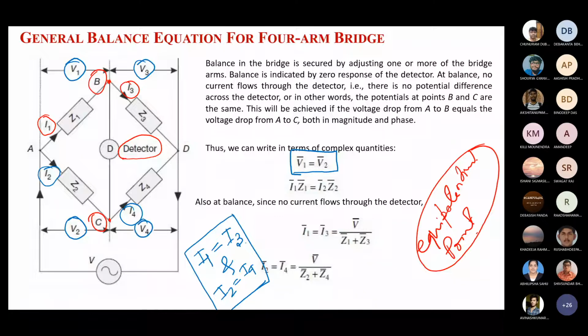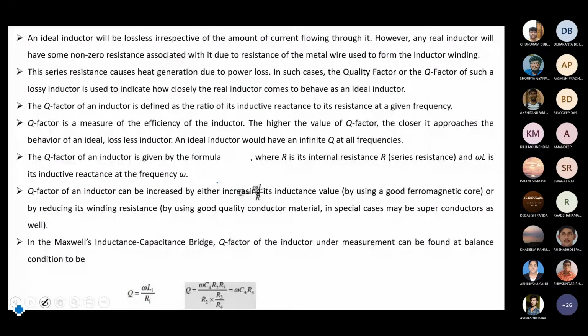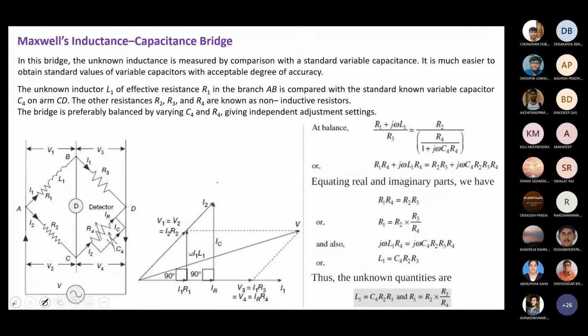If we add V1 plus V3, that equals V. All the components you can see are written in uppercase, so these are all written in RMS, not instantaneous values.